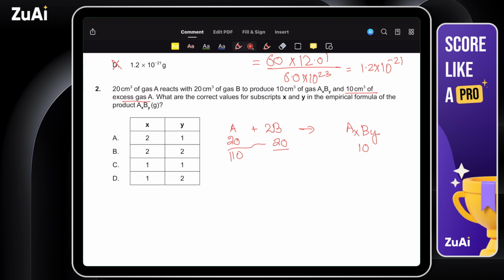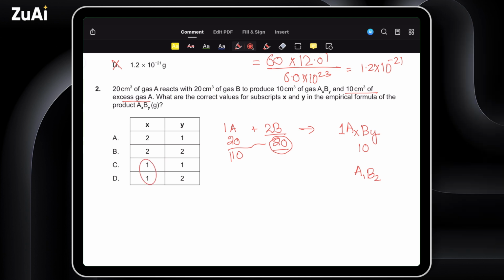Like 2 moles of B and 1 mole of A form 1 mole of AxBy. So that means it should form A1B2, because there are 2 moles of B. So the x value would be 1 and the y value would be 2. So D is the answer.